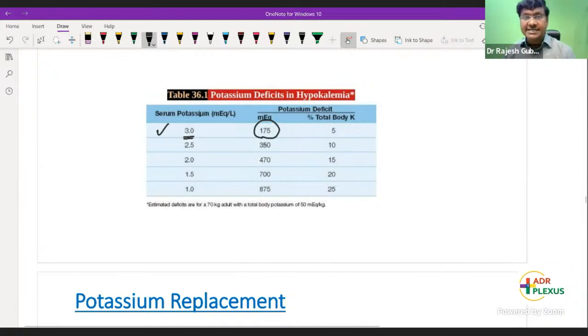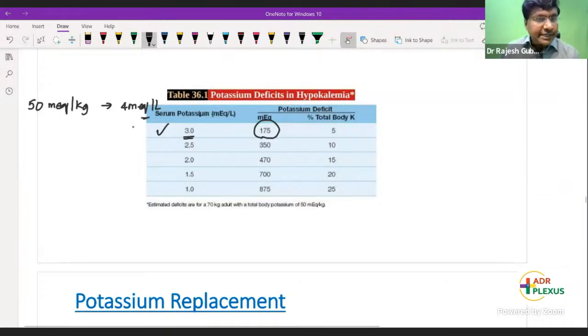It is like 50 milliequivalents per kg, and the normal is taken as 4 milliequivalents per liter, right? Roughly for calculation purpose. Actually, it is 3.5 to 5, but I have just taken 4 as an average value.